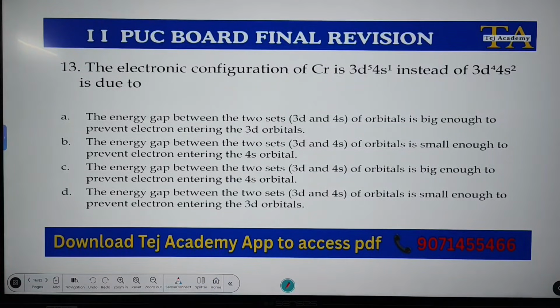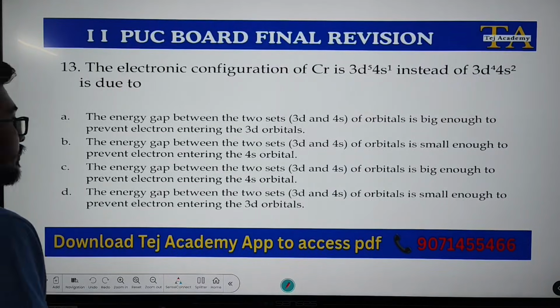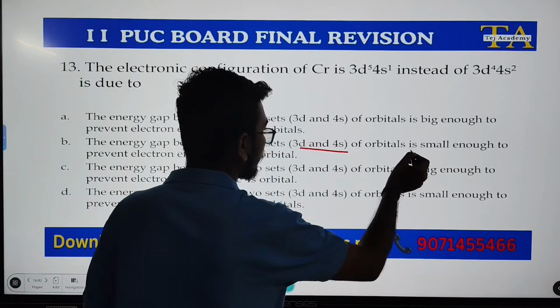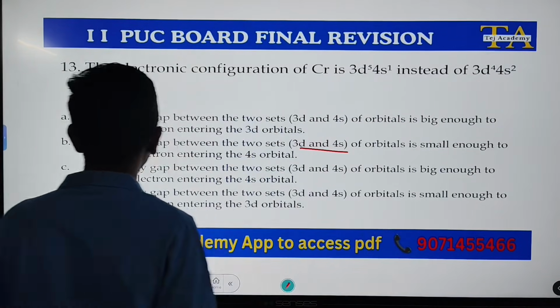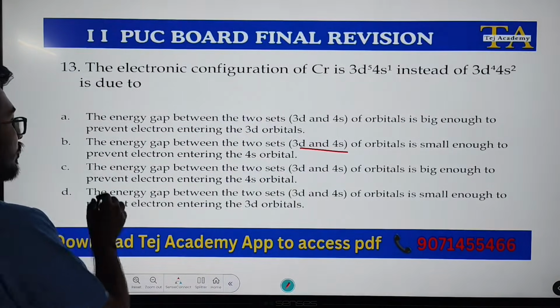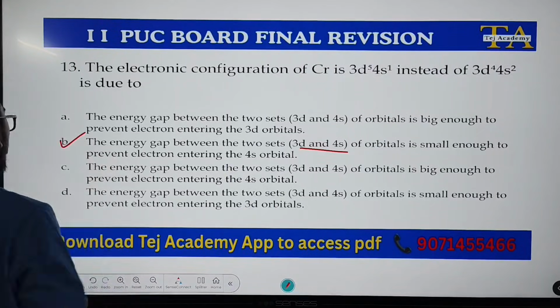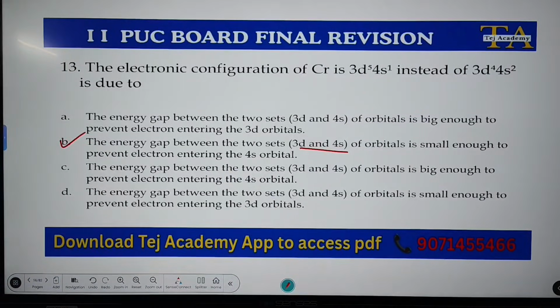Now the 13th one. The electronic configuration of Cr is 3d5 4s1 instead of 3d4 4s2 due to... From the 9th or 10th onwards we know this answer. The energy gap between the two sets, 3d and 4s, of outer orbitals is small enough to prevent electrons entering the 4s orbital. Option B is the right answer.